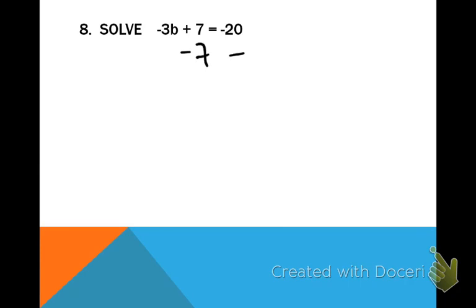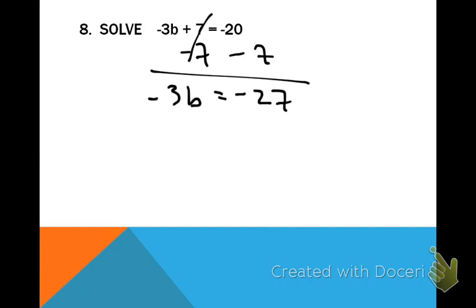Gotta do that first, right? Yeah. Okay, what happens? What's our equivalent equation then? Okay, once we simplify, we get an equivalent equation of that. Okay, then what's next? Divide by -3.